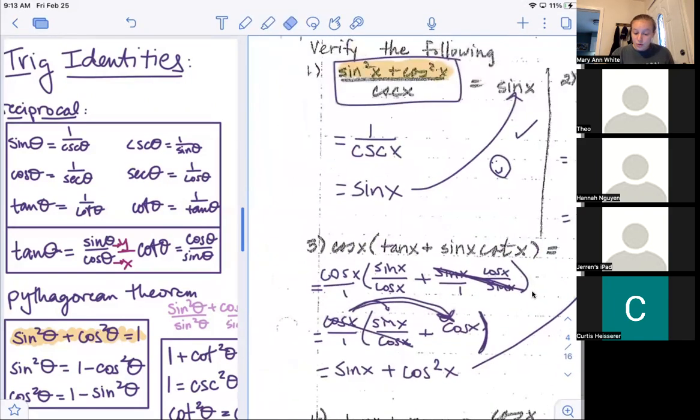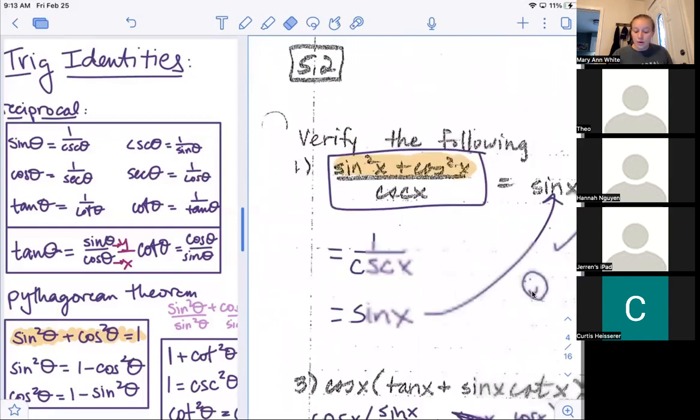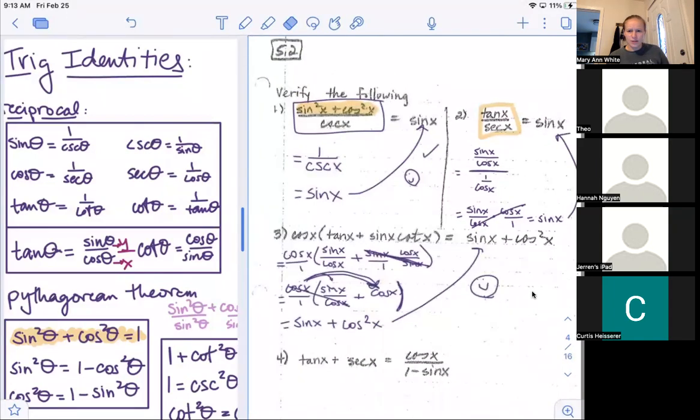If you have those squares like here, this would not have helped us immediately to put cosecant in terms of sine and cosine, because we had the sine squared plus cosine squared. That was an easier simplification to make things look simpler, faster. So putting things in terms of sine and cosine isn't always your first step, but you often have to get there. Does that help answer your question?